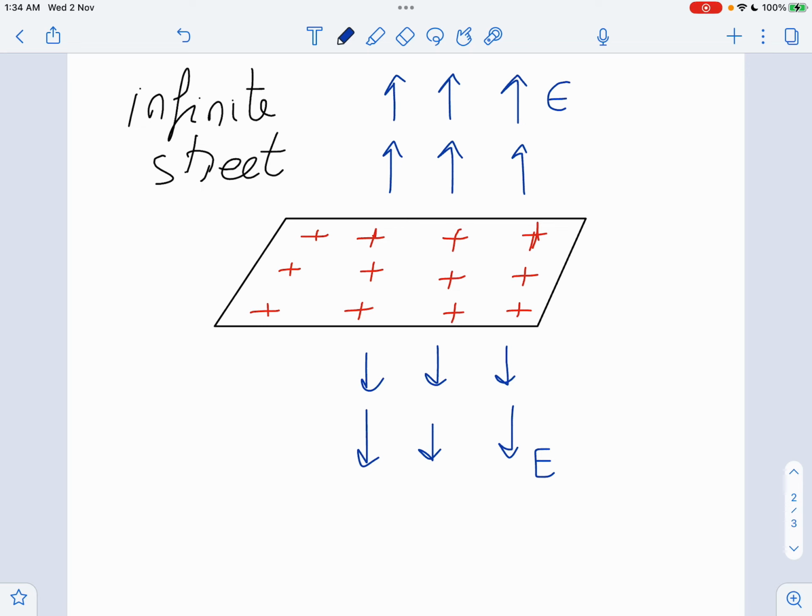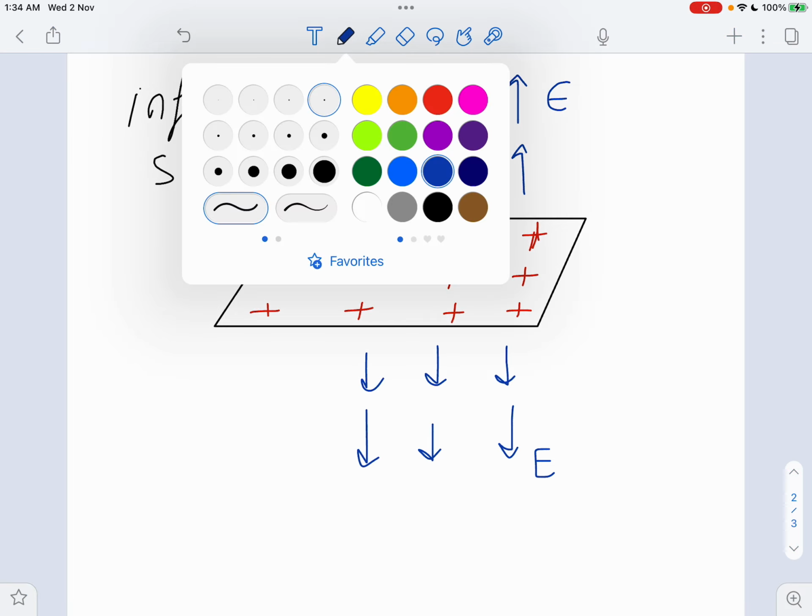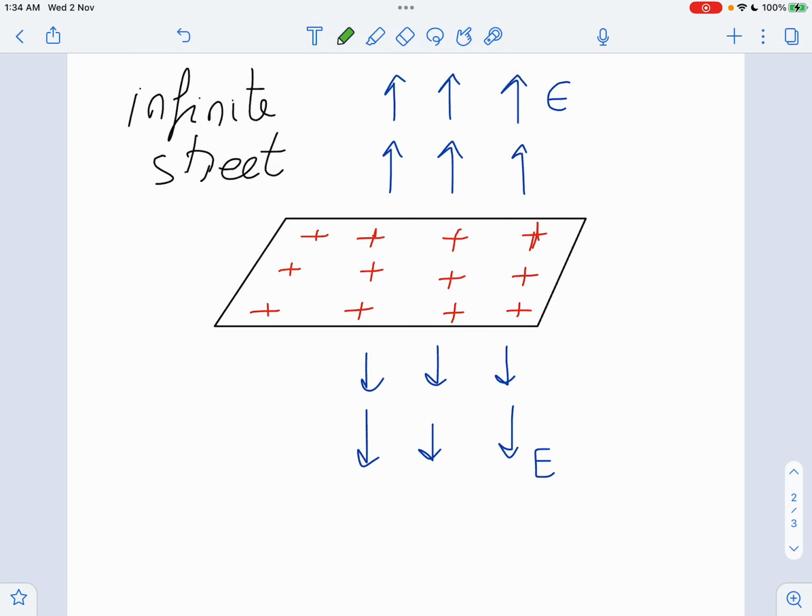So all the electric fields are going to have the same magnitude everywhere close to it, so that it appears to those points to be infinite. So to find that electric field, I will take again a Gaussian surface.